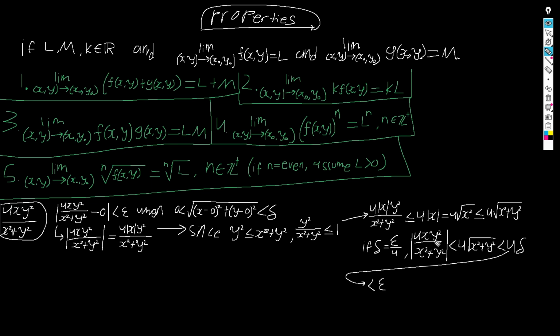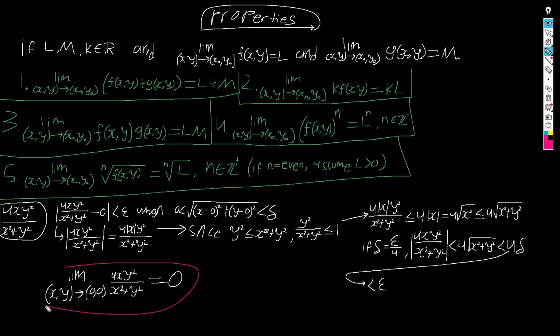So we get that this is less than epsilon when delta is a fourth of epsilon. So the conditions in our limit definition, we've shown that those are satisfied when the limit is 0. So we've just shown that the limit of this is just 0.